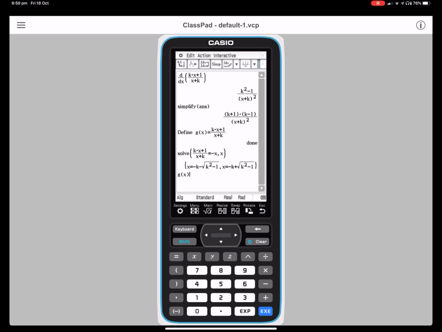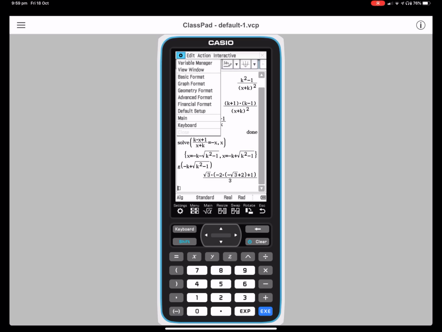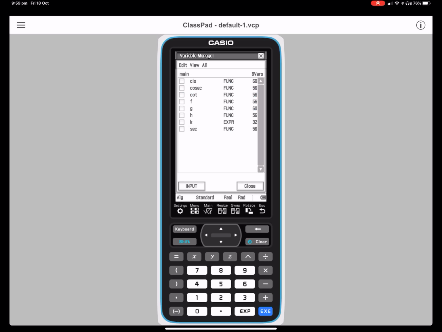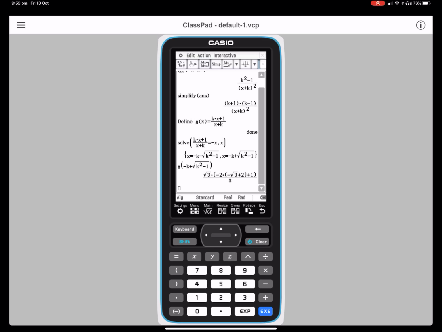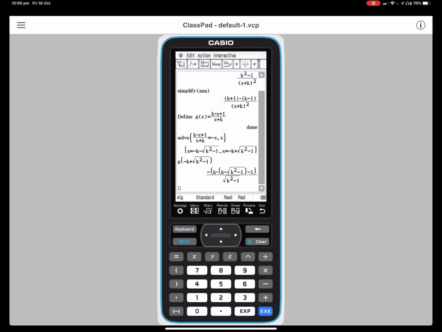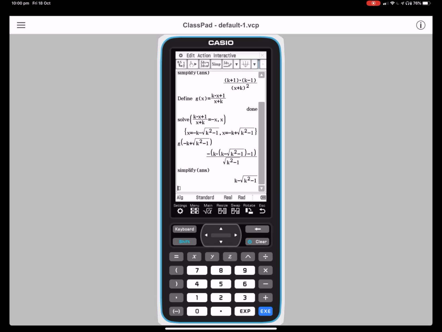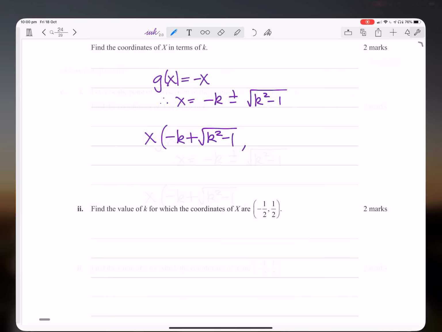So g of that one. Simplify. K minus root k squared minus 1.